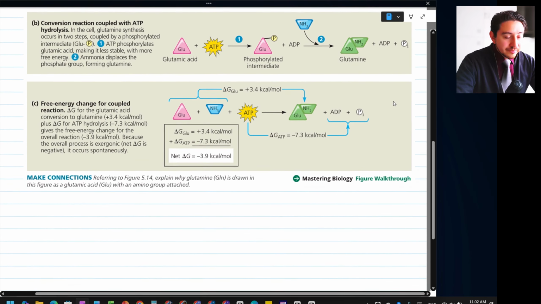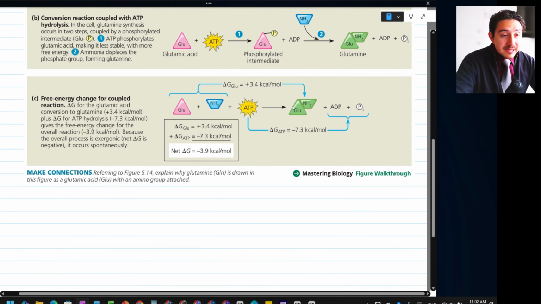Because of this, you have a net delta G of free energy that is negative 3.99. So with the help of ATP, this reaction has become spontaneous, more favorable.